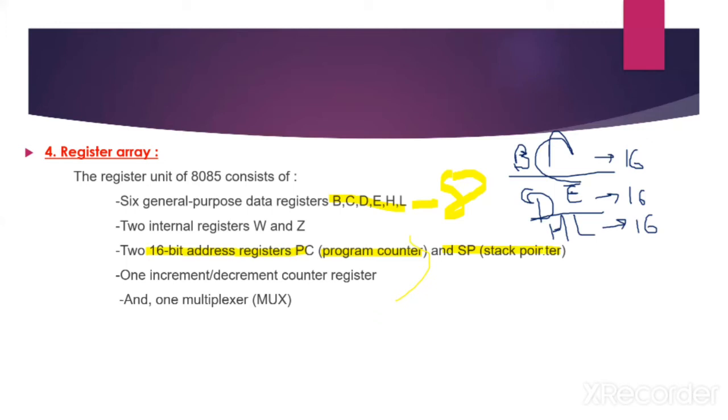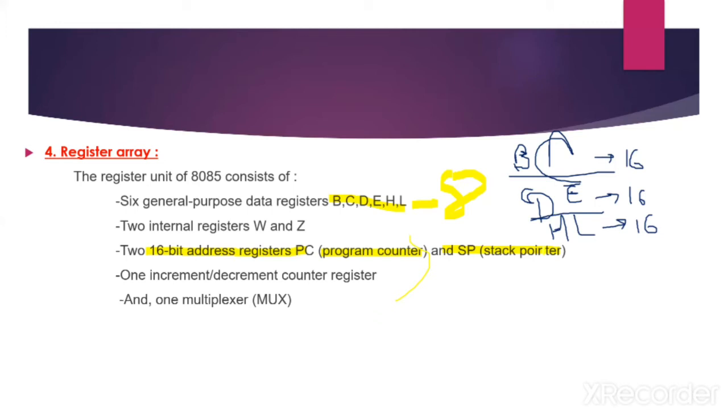The stack pointer is also a 16-bit register which contains the address of the stack, means the top of the stack, that is the memory address of the last byte entered in the stack.